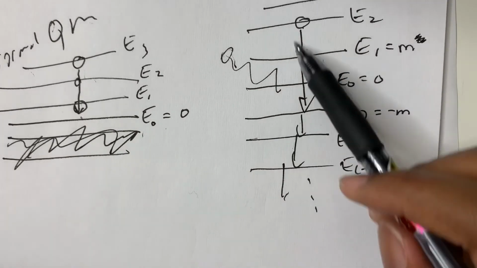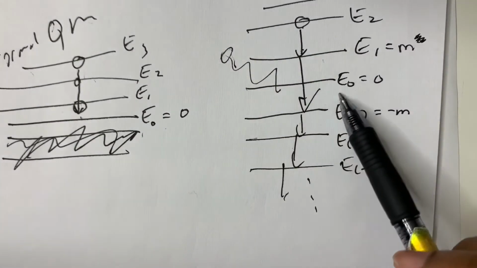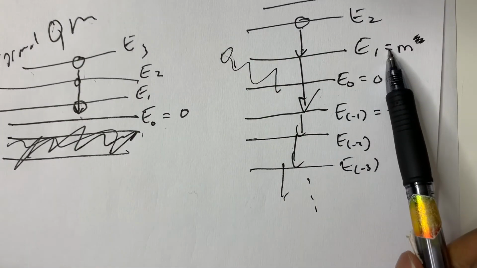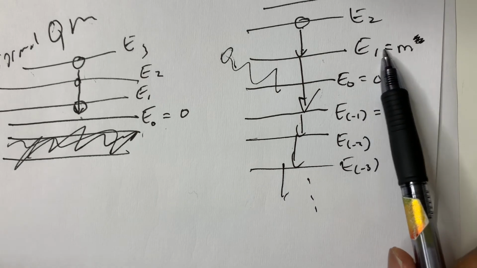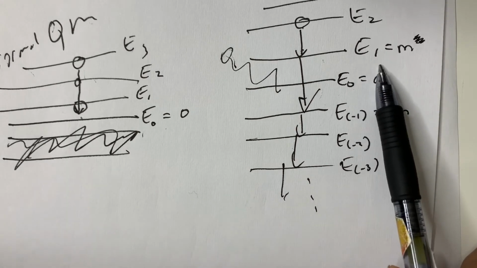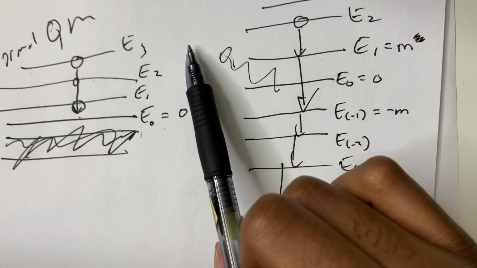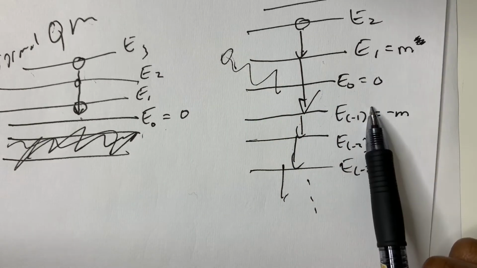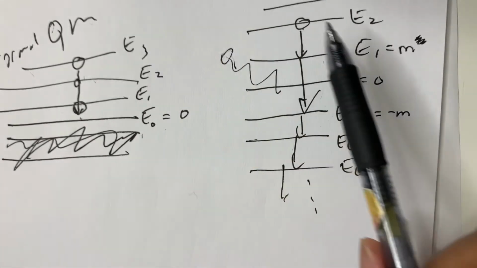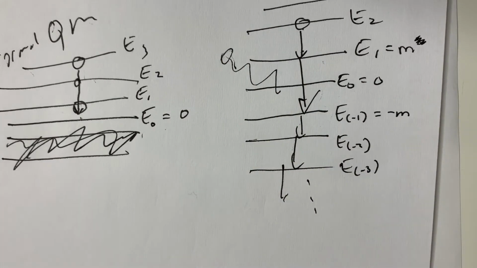The particle goes from, say, E equals m to E naught, emitting a photon of energy m, and then a photon of energy 2m. It just keeps releasing energy, and we don't observe that. It's a problem. So we're kind of stuck.